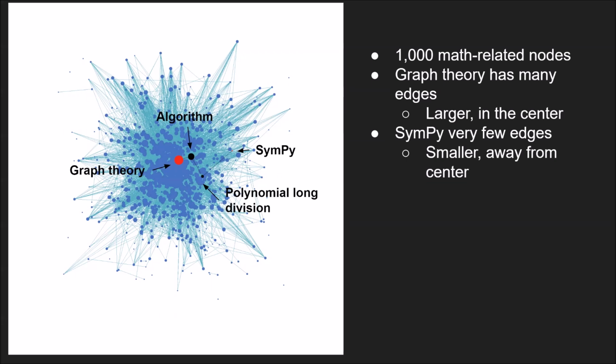And as you can see, nodes such as graph theory, which are very related to other nodes, will be closer to the center with a lot of other nodes around them, and they'll be larger because their size is scaled by their mass. And nodes such as SymPy, which have very few edges, will be drawn smaller and can be seen farther away from the center of the drawing.